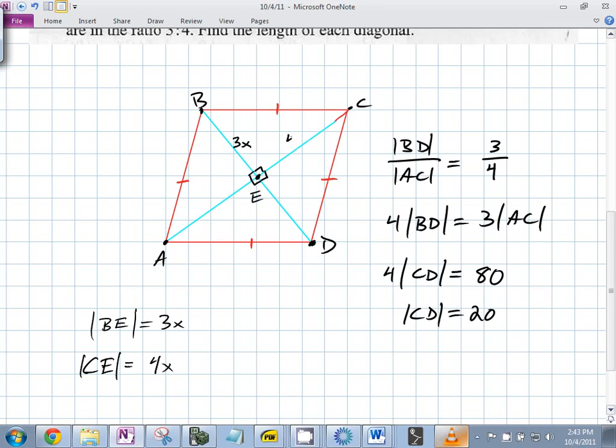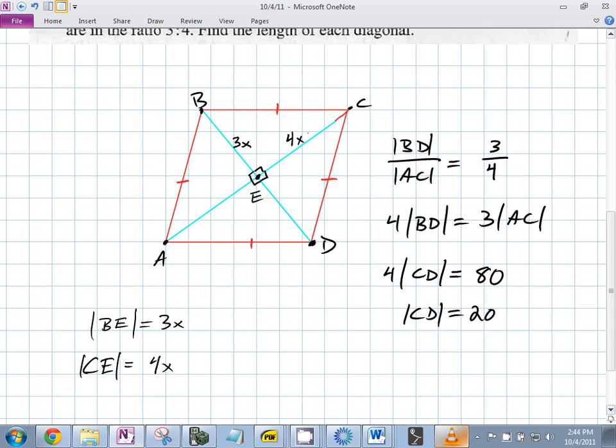Why? The ratio has to be 3 to 4. If the ratio of the whole thing is 3 to 4, does the ratio change if you halve each thing? For example, 8 is to 4 is the same thing as 4 is to 2. A billion to half a billion is the same thing as half a billion to a quarter billion. So is that correct? Yeah.